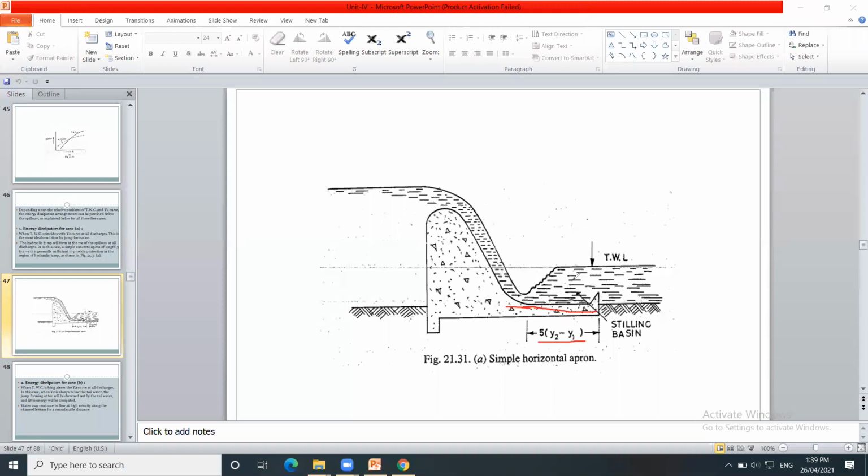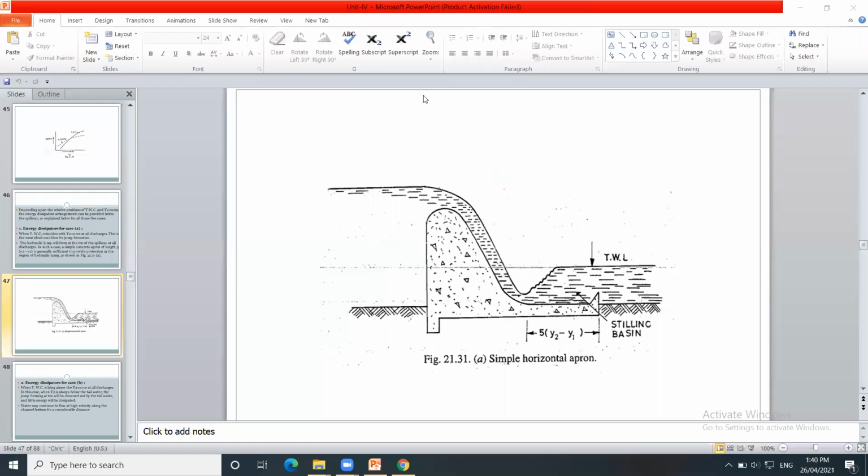This is the stilling basin. यहाँ water flow या OG spillway वरून इथून हा असा fall होईल. See this, the water will fall over this concrete apron and it will flow for some length up to this length 5 into (Y2 minus Y1), and it will flow to the tailwater level.